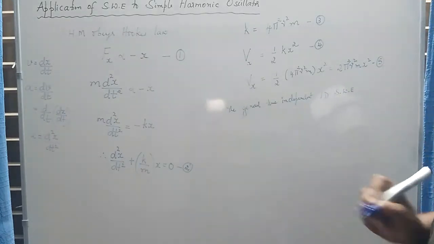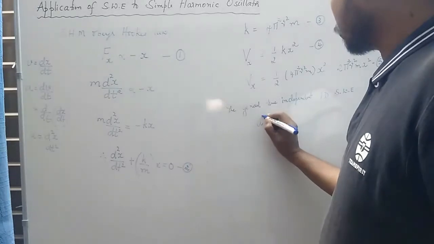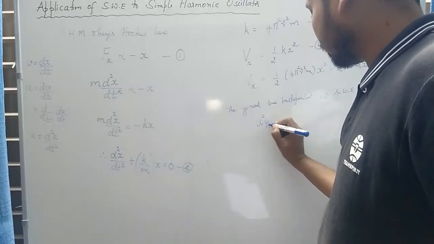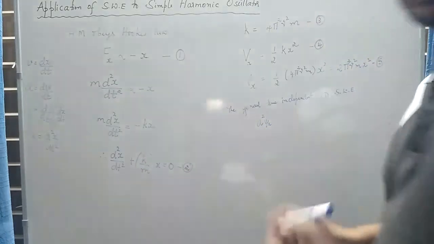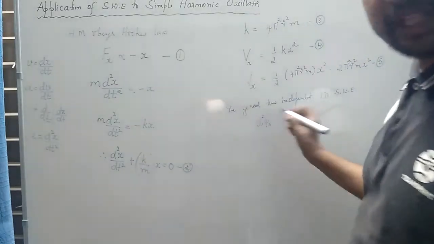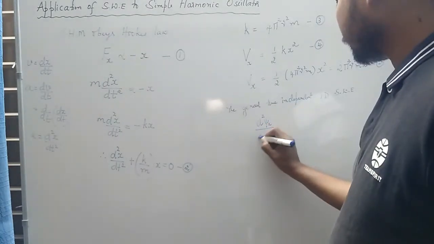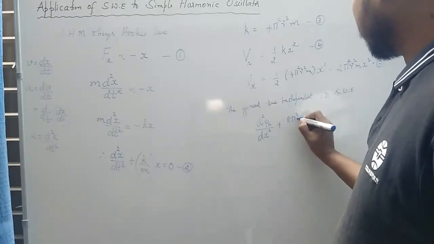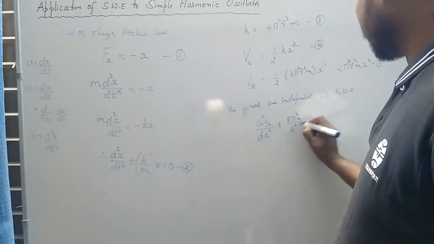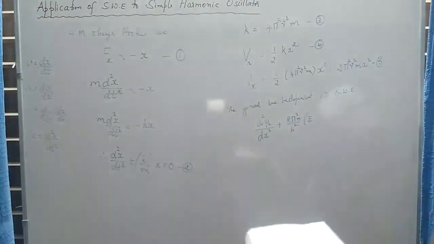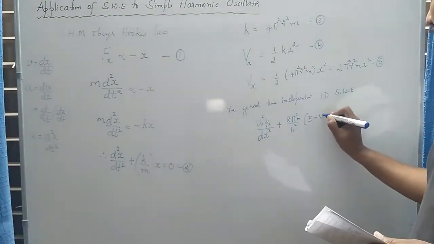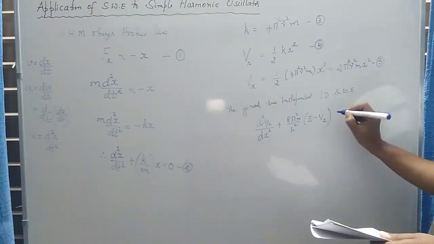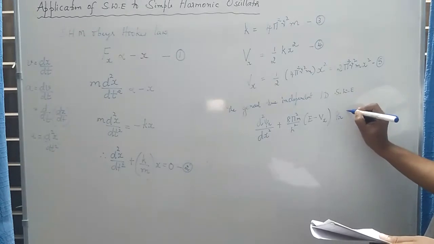This is the general form of the equation: d square psi(x), because it is only concerned with the x-axis, d square psi(x) divided by dx square plus 8 pi square m by h square into E minus V, potential energy which depends on the position x, into psi(x) is equal to 0.